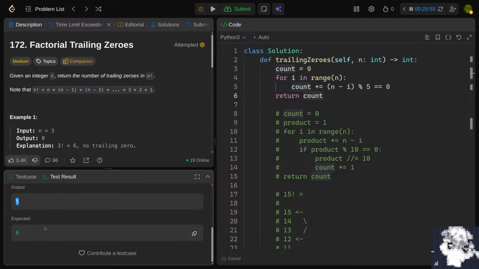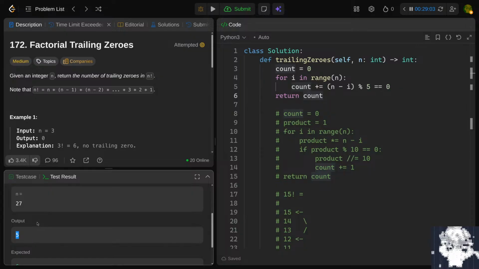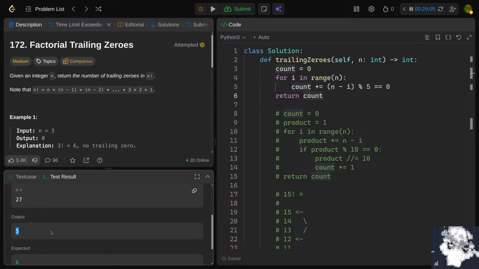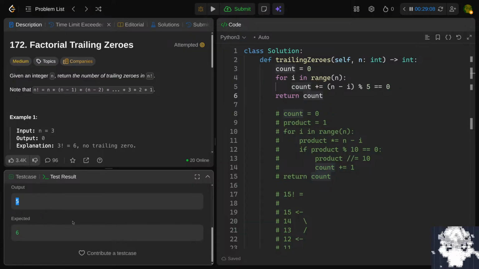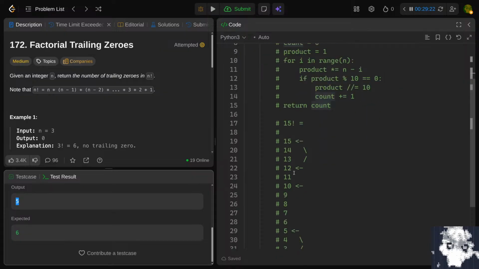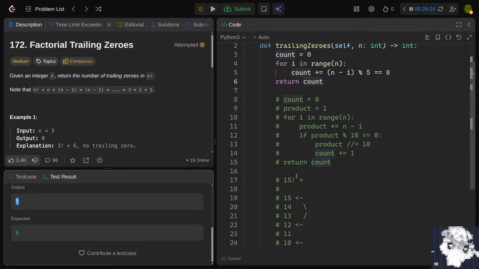But there's actually 6. Okay, so it's not this simple.